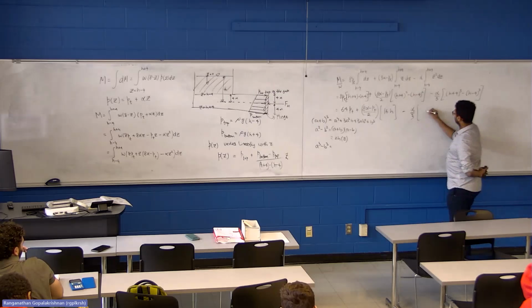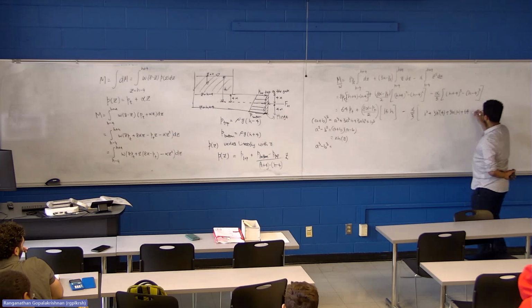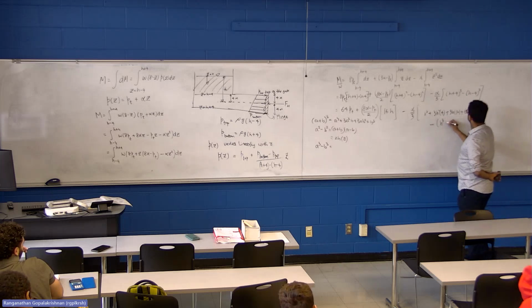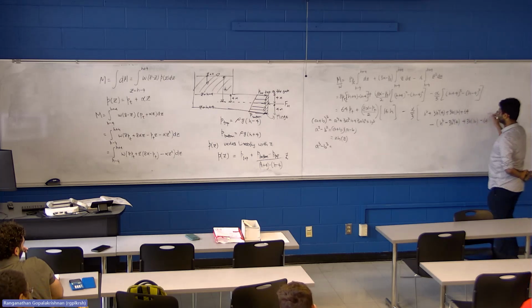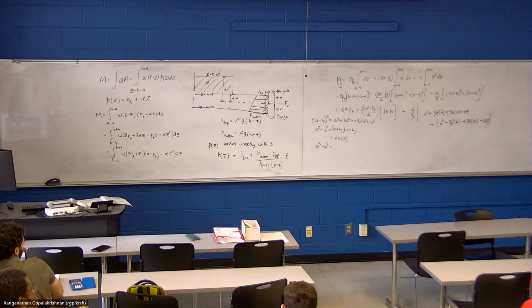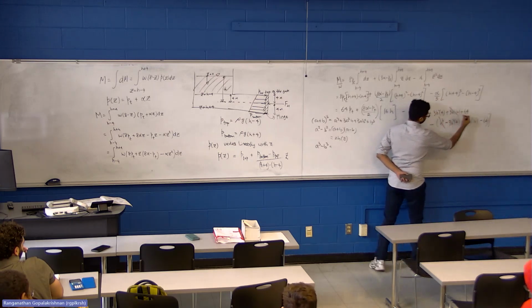So even if you don't, let's do this. h cube plus 3h squared times 4 plus 3h times 16 plus 64 minus h cube minus 3h squared times 4 plus 3h times 16 minus 64. If I were to drop terms, h cube goes out and the second term goes out.